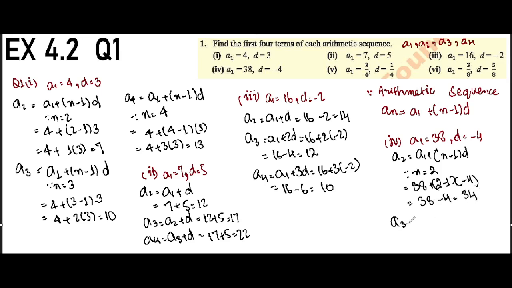Then we have A3 equals A1 plus n minus 1 into D. We have 3 as the value of n. It is equal to A1 is 38 plus n is 3 minus 1 into D is minus 4.